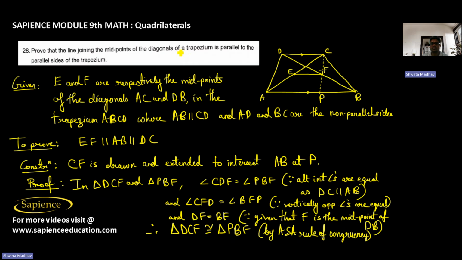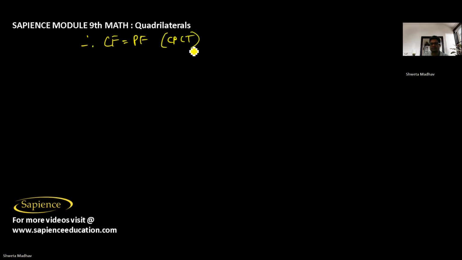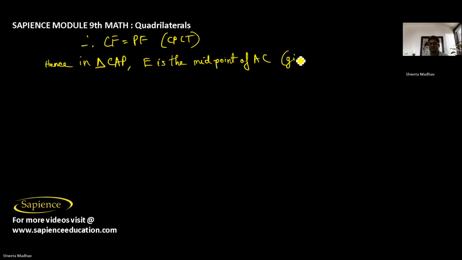So therefore we can say that CF equals PF by CPCT. Hence in triangle CAP, E is the midpoint of AC. This is given.